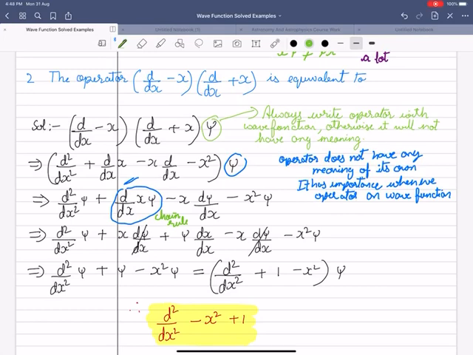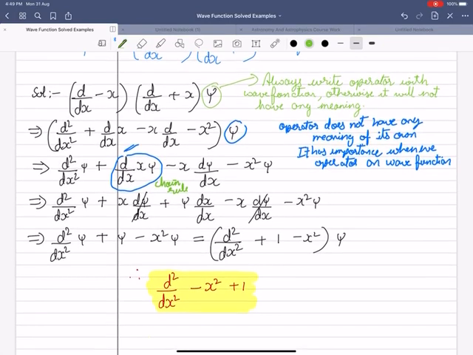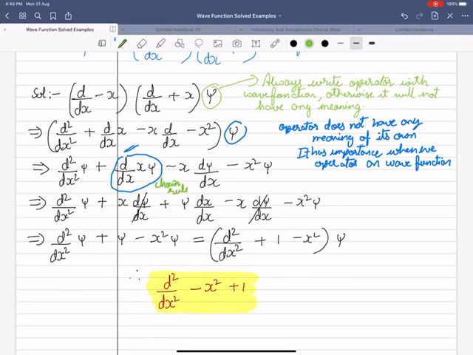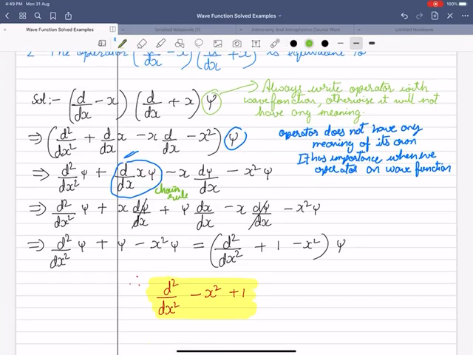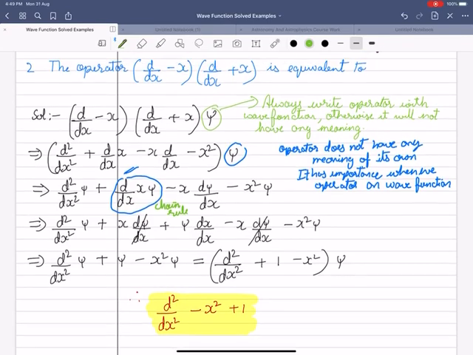When you apply the chain rule, these terms will cancel each other and you will be left with this answer. It is very simple.